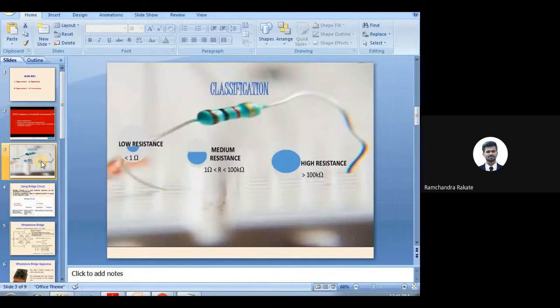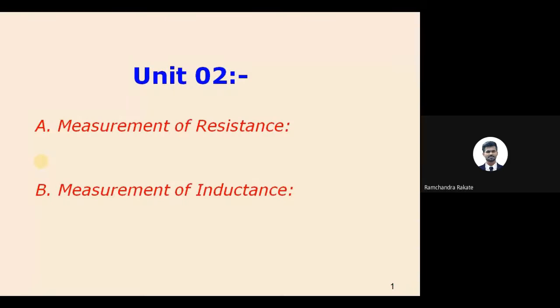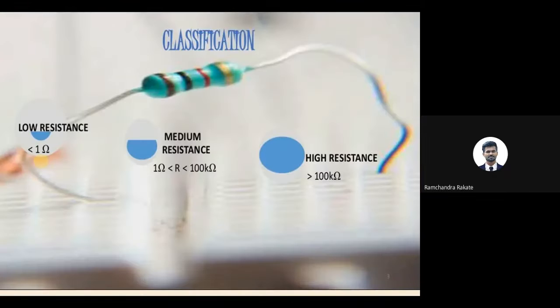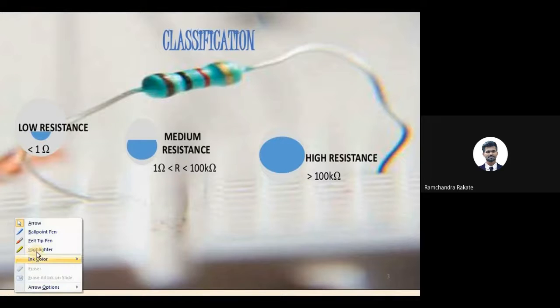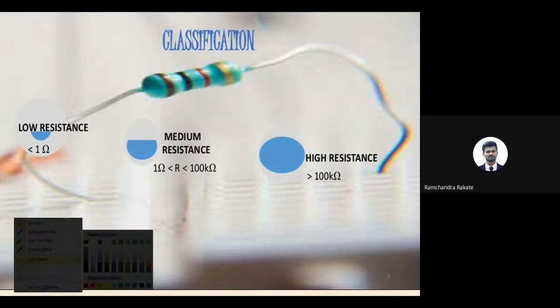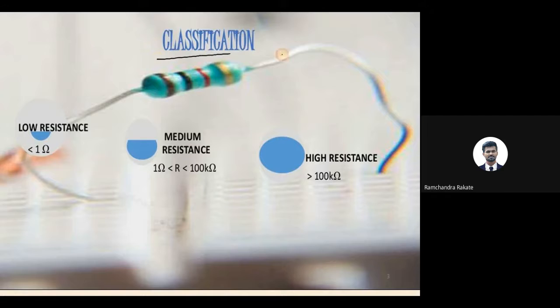On the basis of that, we will start with our classification based on its type. First we will have low resistance, then medium, then large resistance. So what is the value of low resistance?